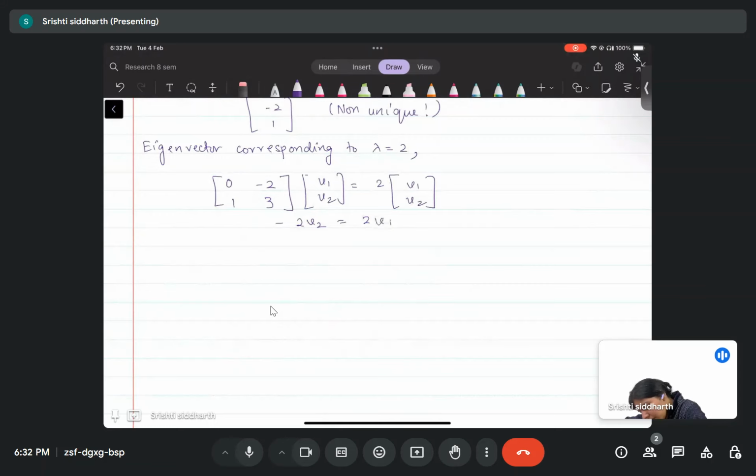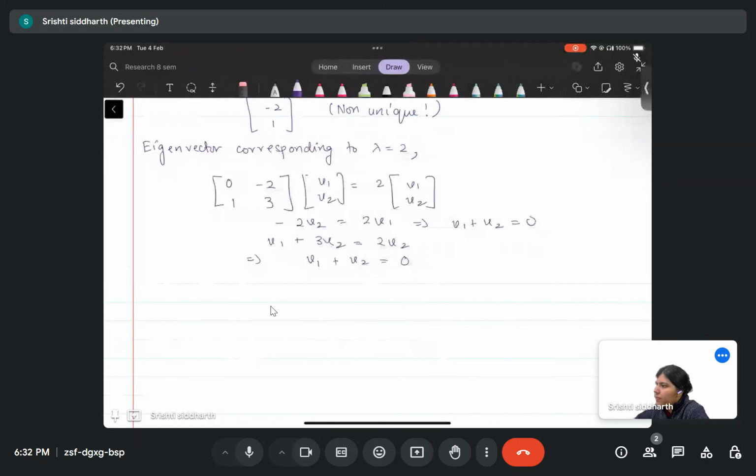Now the next one is v1 plus 3v2 equals 2v1, which implies again v1 plus v2 equals 0. So what we can do is assume v1 is 1, which implies v2 is minus 1. So one choice of eigenvector for lambda equals 2 is this.